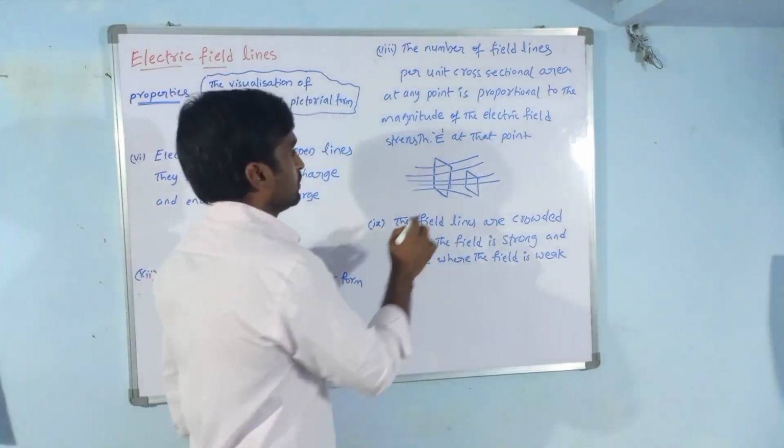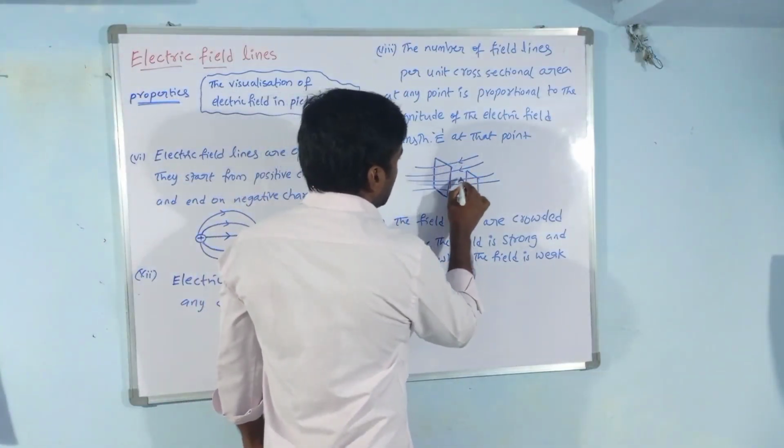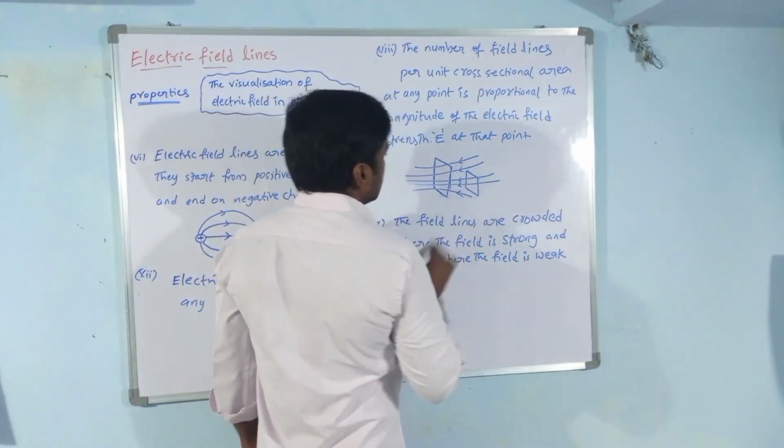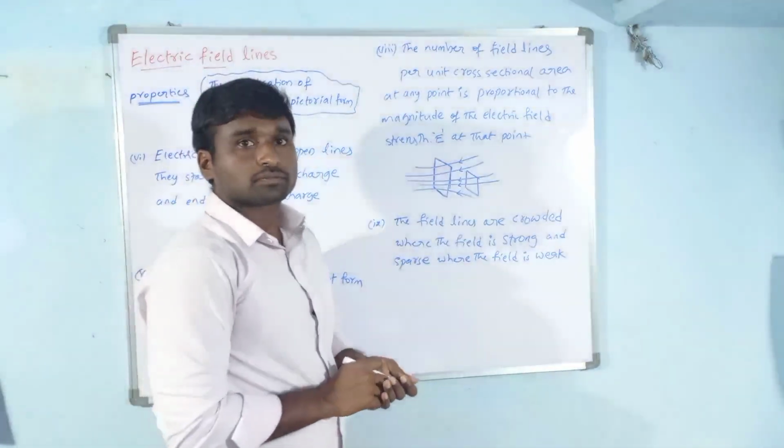See here, these are the electric field lines which are passing through the given surface areas.